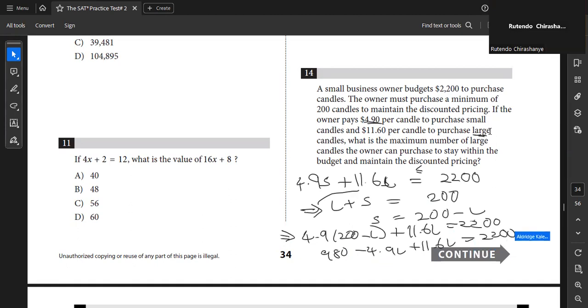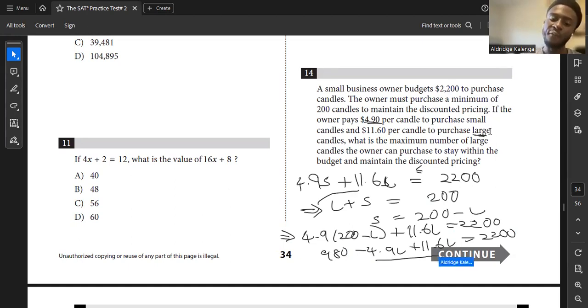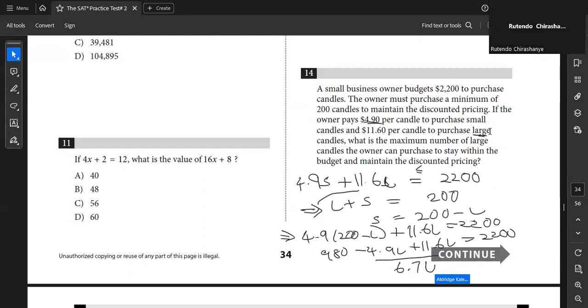All right, so 11.6 L, these are like terms, minus 4.9 L. You can get your calculator if you're not trusting your mental math that day. This is 6.7. So we have 6.7 L. I'm going to write that down here, 6.7 L. And then we're going to subtract 980.